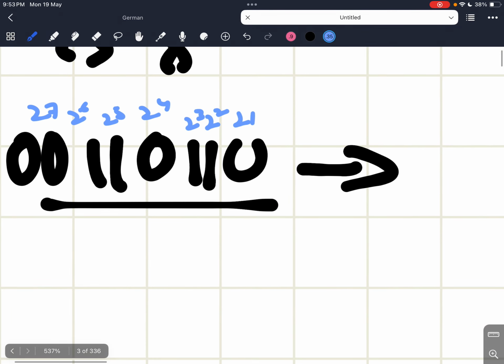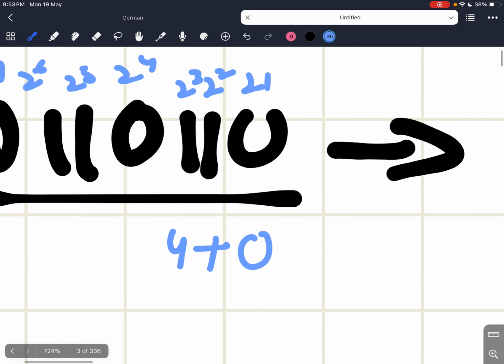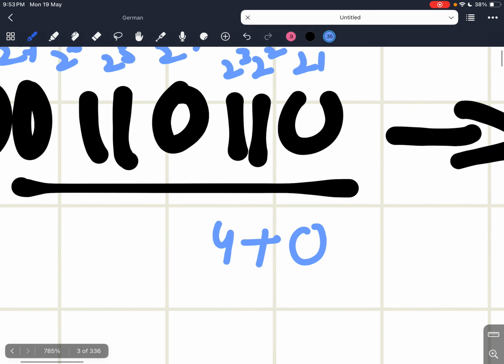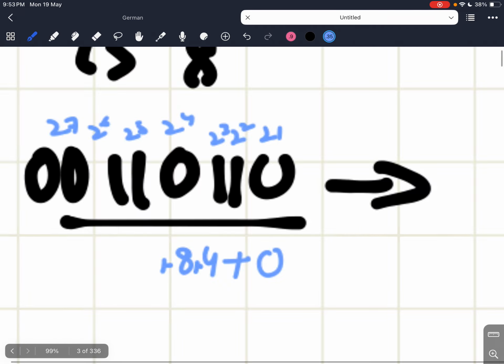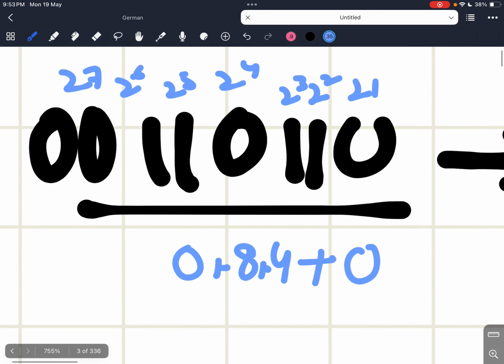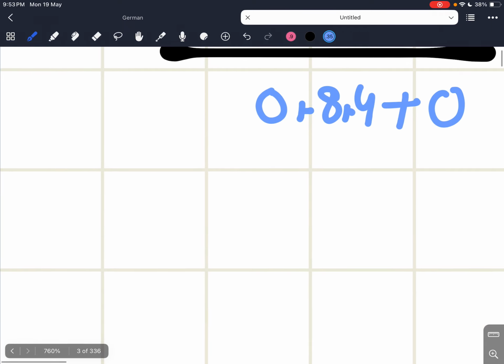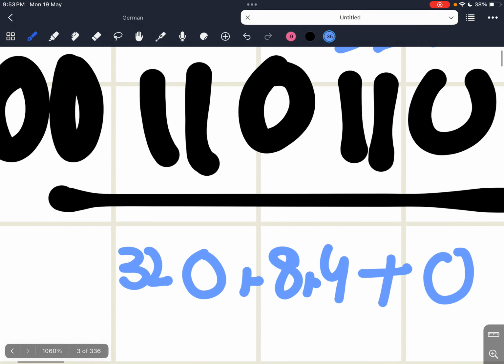So 2 multiplied by 0 equals 0, plus 2 ones are 2, 2 twos are 4, 2 fours are 8, plus 0, and then 2 eights are 16, 2 sixteens are 32.